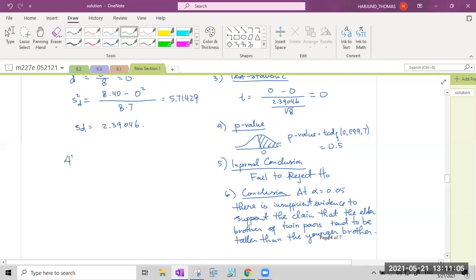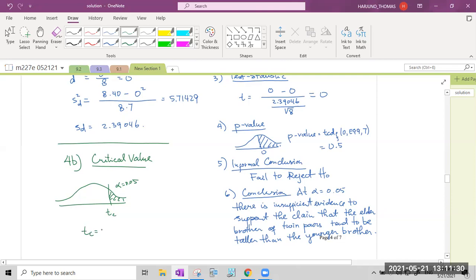Okay, 4B for extra credit, critical value. That's a right tail. Alpha is 5%. So T critical equals inverse T, area to the left 0.95, degree of freedom, I believe that's 7.